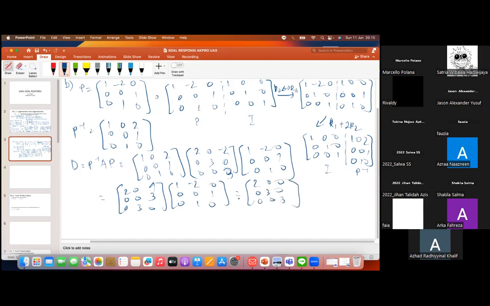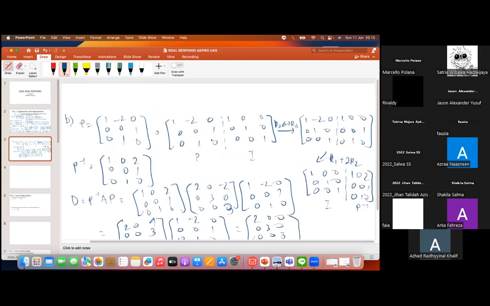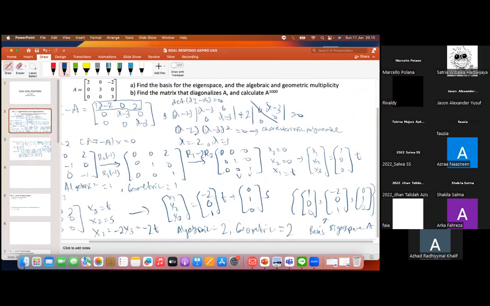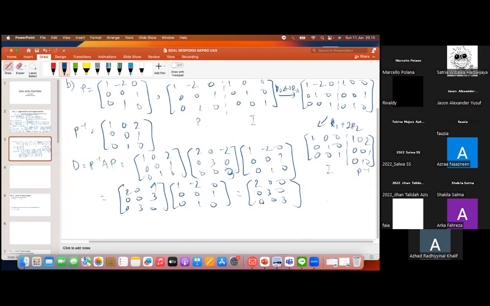This is your diagonal matrix. And if you take a look at the eigenvalues that we obtained, we can see that it's the same as the diagonal matrix here. Just 2, 3, 3. 3 occurs twice because it appears twice in the characteristic polynomial.